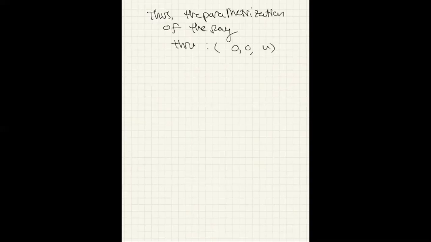So that means I'm going to write, so thus, the parameterization of the ray through my base point 0, 0, u, which is along or tangent to cosine of u, sine of u, 0 is, okay, I'm going to use a t variable for a second.